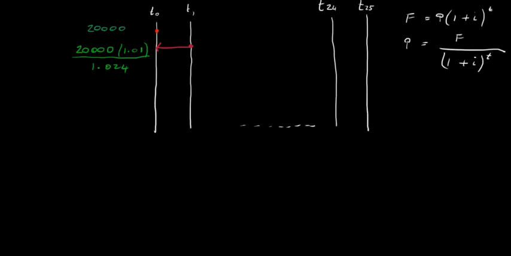Let's put in another timeline here. Let's put in year 2. Okay, so we have T2 here. So let's take this amount. How much will she be paid at this particular stage?